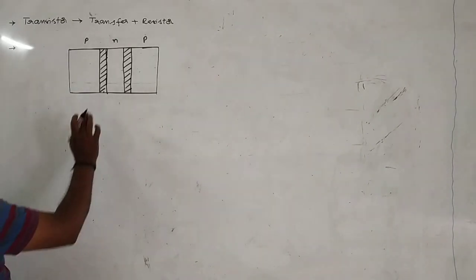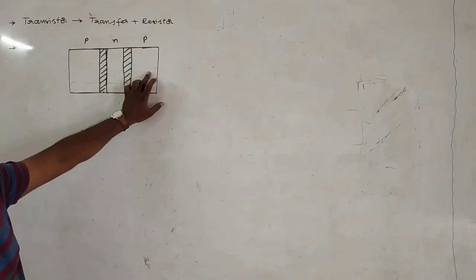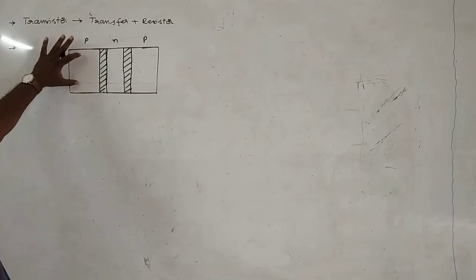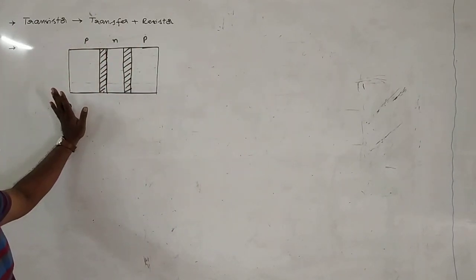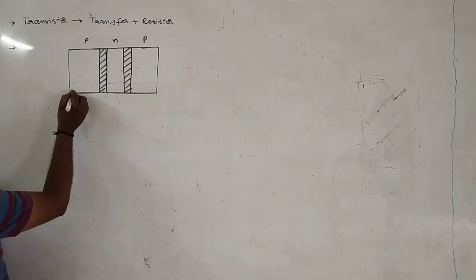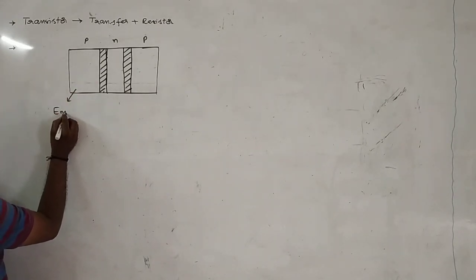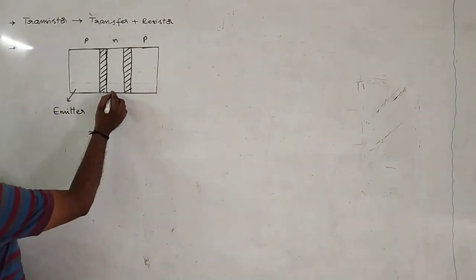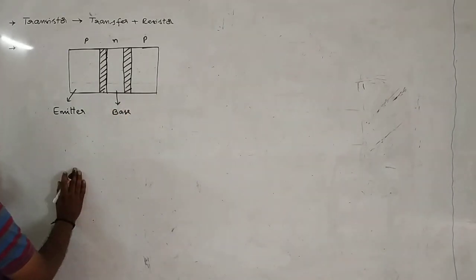Okay. Let's see how many regions are formed in this transistor. There are three regions: left side region, middle region, right side region. In general, the left side region is known as the emitter. The middle region is known as the base of the transistor.